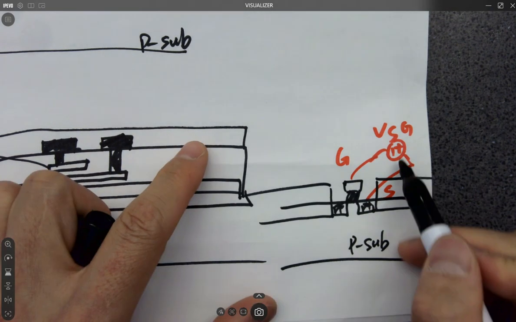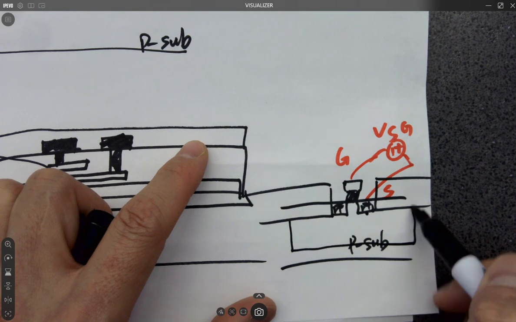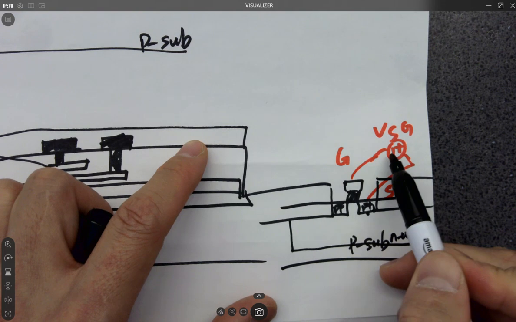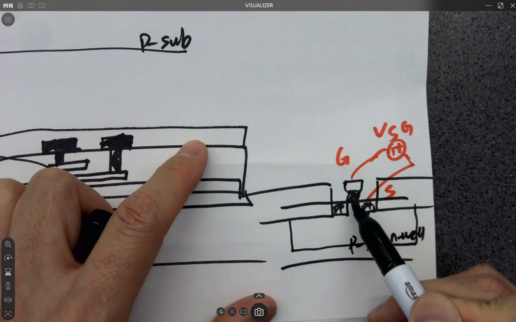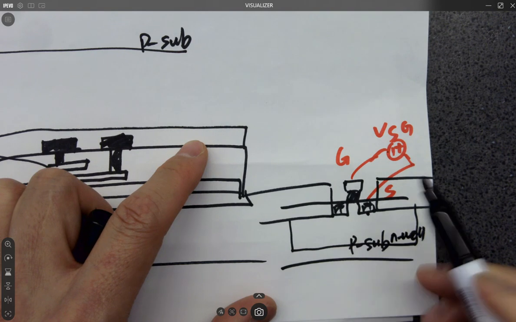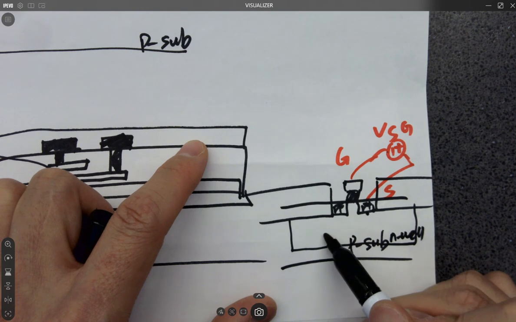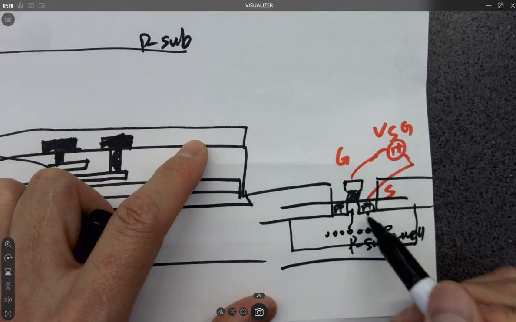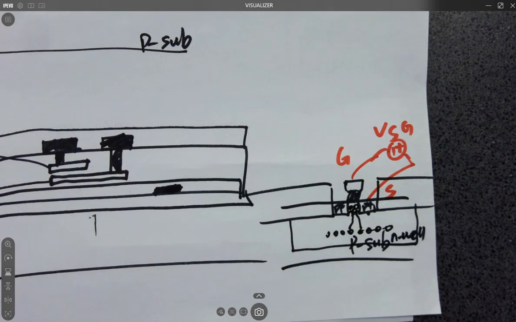Compared to the P plus, in the n-well here, the gate has a relatively lower voltage compared to the source. So basically this is a cathode connected to the gate, and in the n-well there are holes and electrons. The holes will be attracted to the channel and form a layer of holes. So the holes are aligned in the channel and ready to be driven by the electric field.